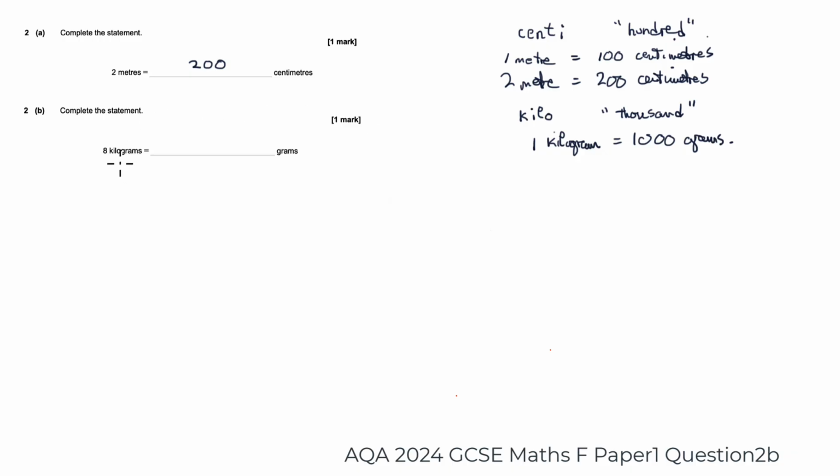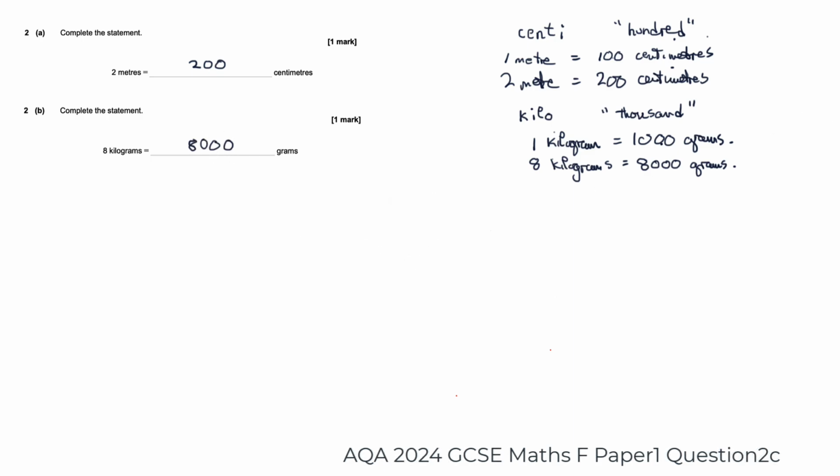So we're asked to find how many grams there are in 8 kilograms. Well, that's 8 times what we've got here. So 8 lots of 1,000, that's just 8,000. So there's your answer. 8 kilograms is 8,000 grams.